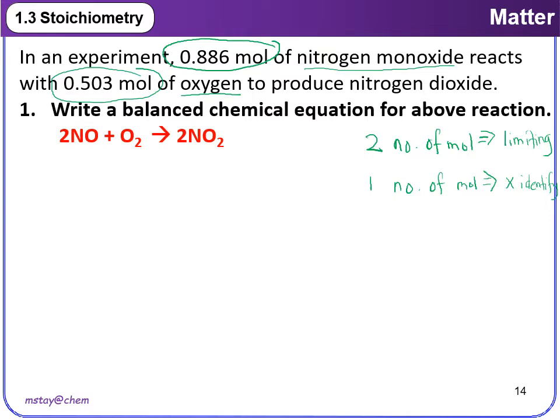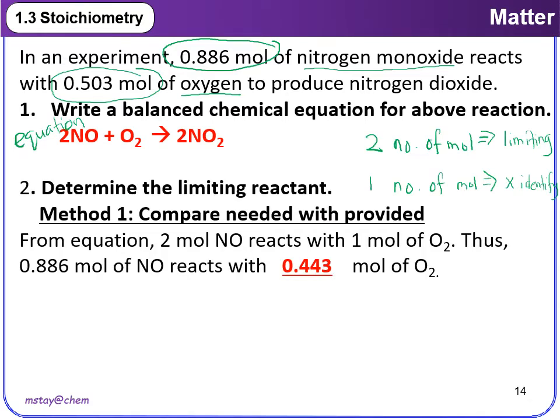So, we recall back, first we need to have the equation. That's why you see in this question number 1, they ask us to write the equation. Okay, first is the equation. Second, we will find out the number of mole. But in this question, the number of mole is given directly, not like the previous video.